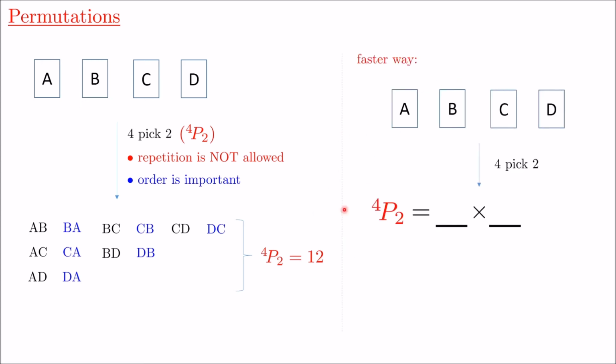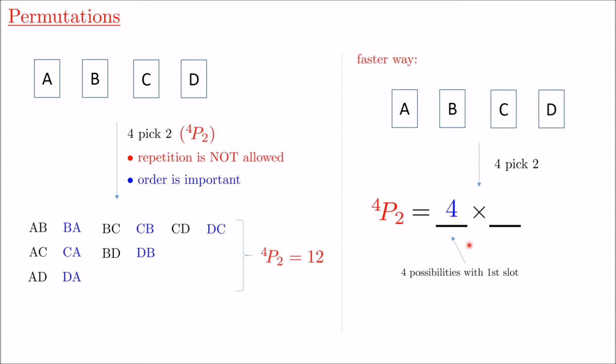Okay, so again, we don't want to reach this 12 just by listing all the outcomes, right? Again, that's way too slow. So we want to come up with a way to compute the 12 faster. Okay, so let's do it a faster way. So we got these 4 objects, and you're trying to do 4 pick 2. In your very first choice, how many options do you have? The answer is 4. All 4 objects are in front of you and available, right?